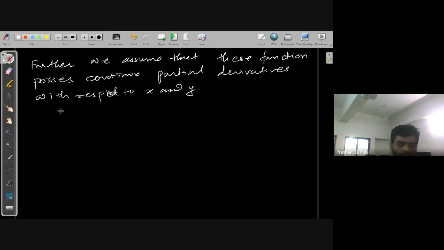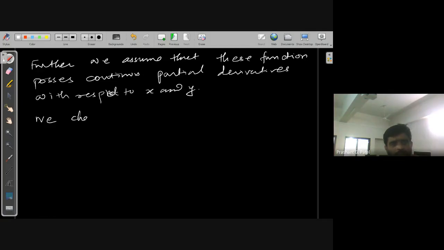Now what we'll do, we'll change the variable here to xi and eta. And now the calculation is very lengthy. I cannot say complicated, but it is lengthy.